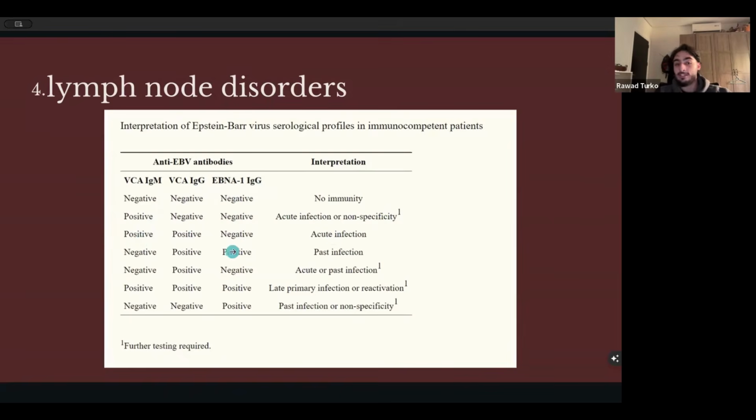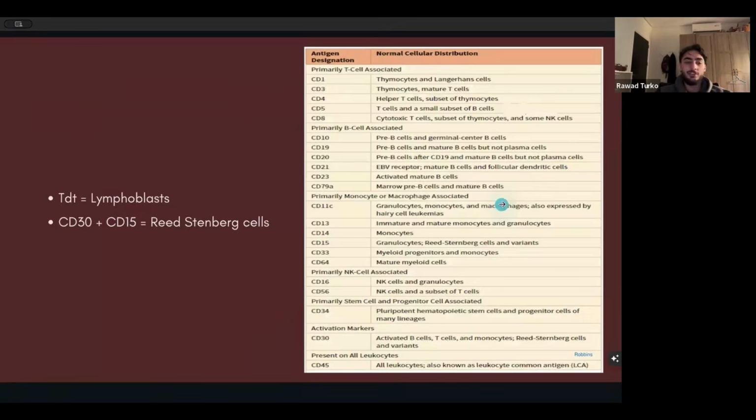If EBNA is positive and the IgM VCA is negative, then that means that this is a past infection because both of these are going to persist for your lifetime. You'll know that IgM is an acute phase immunoglobulin, and IgG is more chronic. So if you get IgG positive of VCA and EBNA, you'll know that it's a past infection. Okay. Anything else, you'll probably need some further testing. Okay, but this should be enough for you to answer your question.